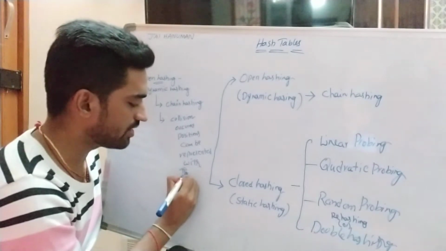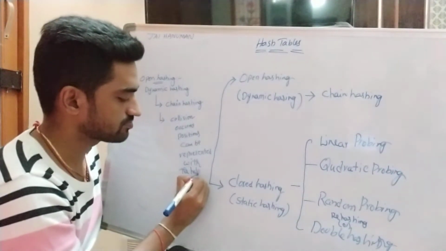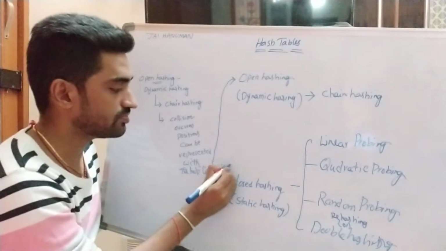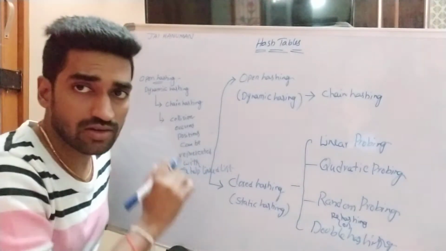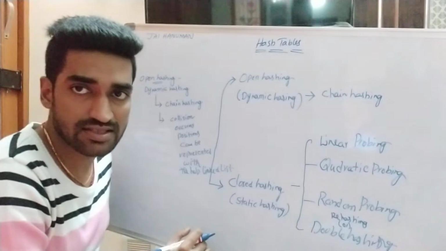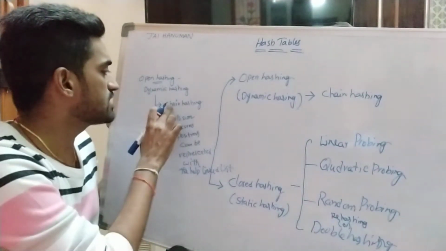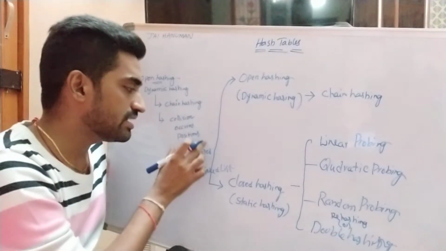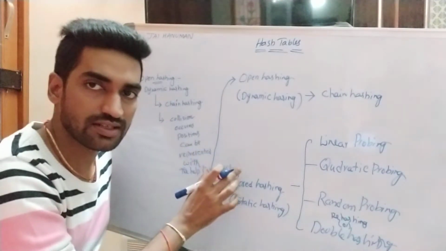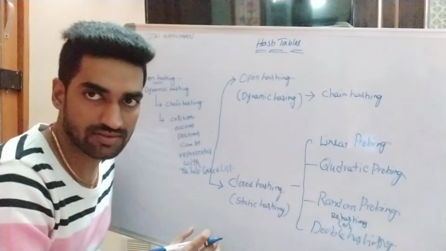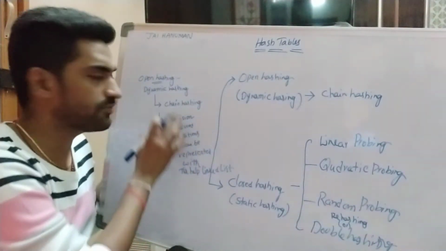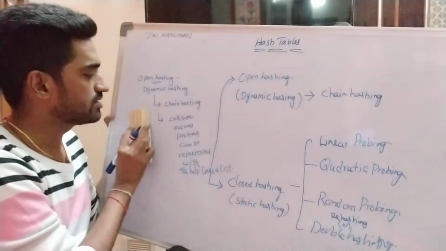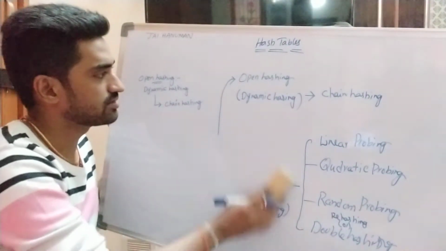Once a collision occurs in the hash table, by using the chain hashing mechanism, all elements are represented in the form of a linked list. This is the main objective of chain hashing. Here I am considering one example for chain hashing.